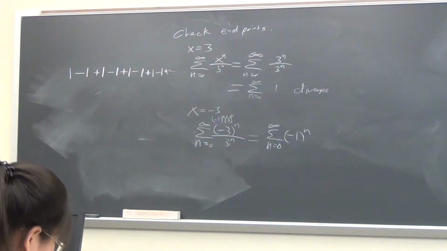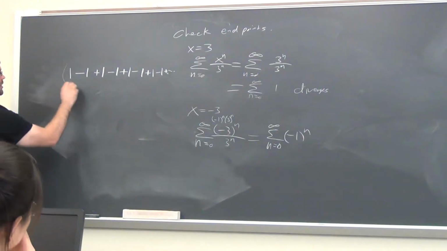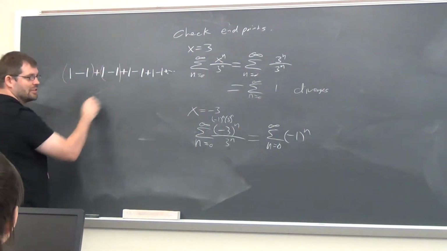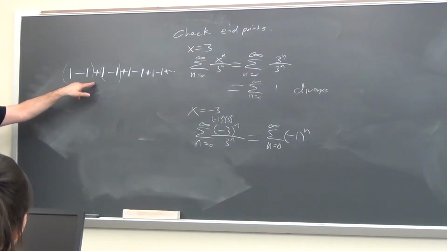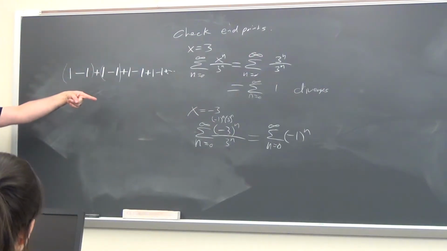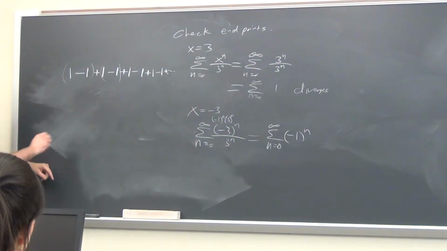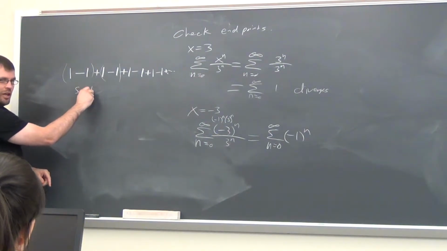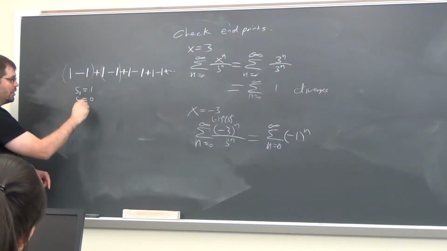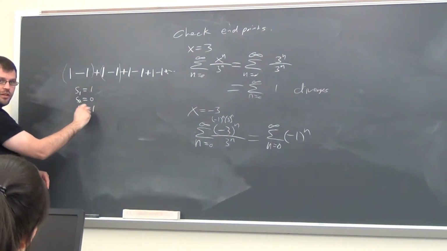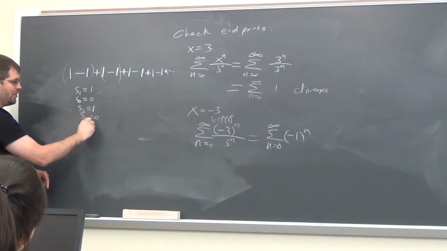And you have to be careful here, because some people will think, oh, well, that's 0 plus 0 plus 0, but that's not the way you need to think of it, because how do we find the sums of these things? You have to do partial sums. So your S1 is 1, your S2 is 0, 1 minus 1. Your S3 is back to 1, your S4 is 0, and so on.